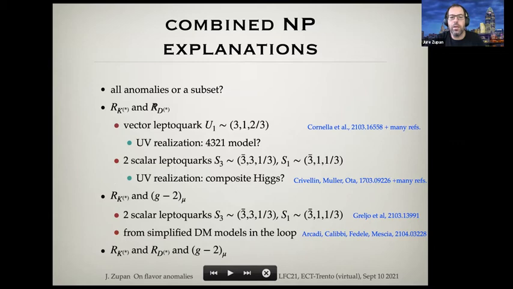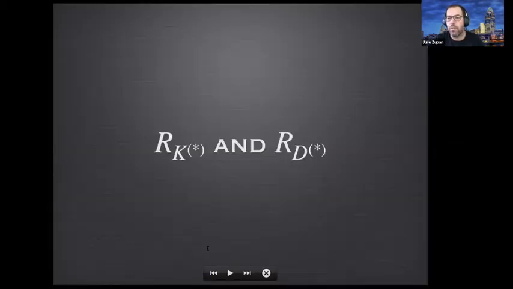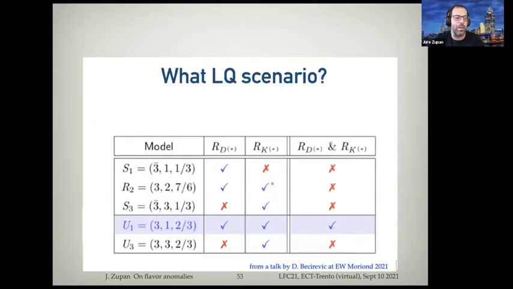If instead you discard the RD star, and let's say that only B to S mu mu and the g minus 2 are correct, then you can have either a leptoquark or some gauge symmetries, simplified dark matter in the loop, and so on. And then you could also attempt to do all three of them. I'll spend a little bit on each of these.